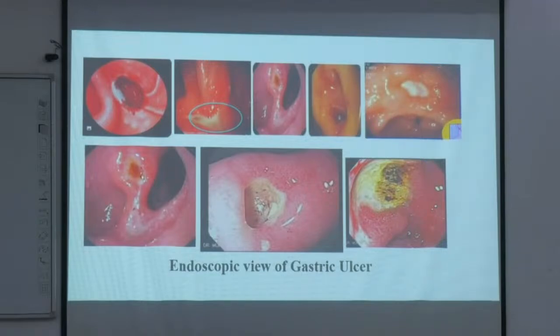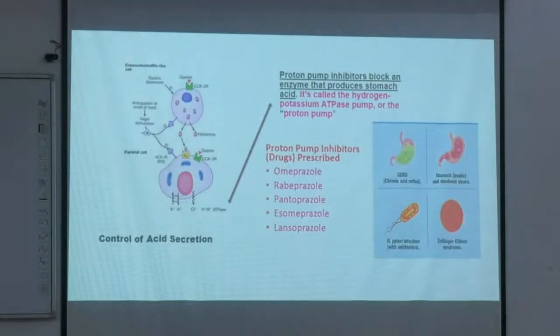So in these patients, proton pump inhibitor drugs will be given to decrease production of HCl. As I told you, control of acid secretion is there, and proton pump inhibitors block the enzyme that produces stomach acid. Many of you have taken omeprazole, rabeprazole.